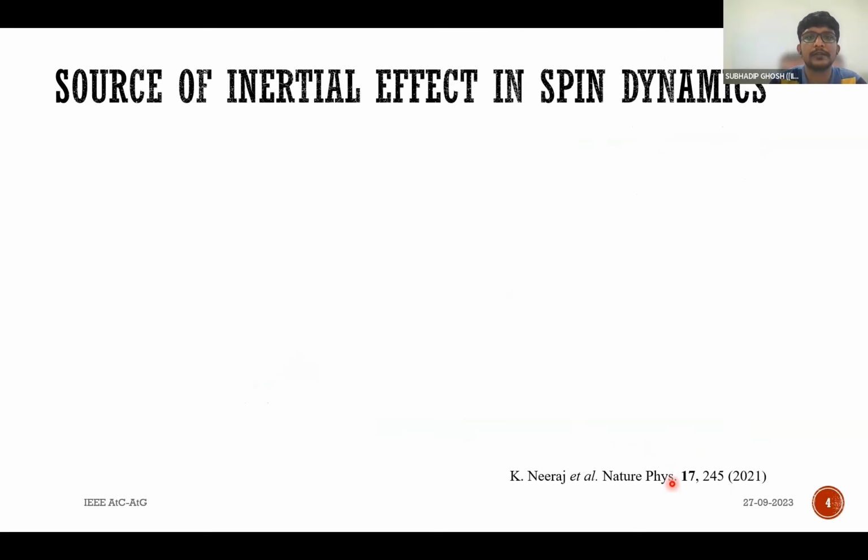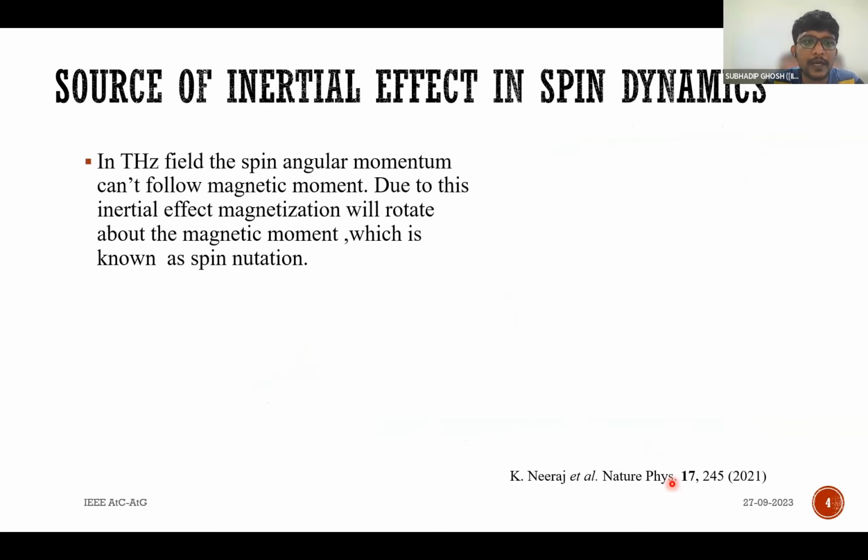Now, where is the actual source of inertia in spin dynamics? When we apply a very high frequency magnetic field in the terahertz region, the spin angular momentum and the magnetic moment cannot follow each other.